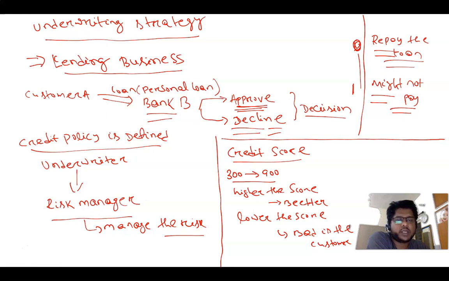But nobody can guarantee that the customer will pay or not pay. But you can say what is the probability that the customer will pay, and what is the probability that the customer will not pay. That probability of the customer not paying the loan is called probability of default.